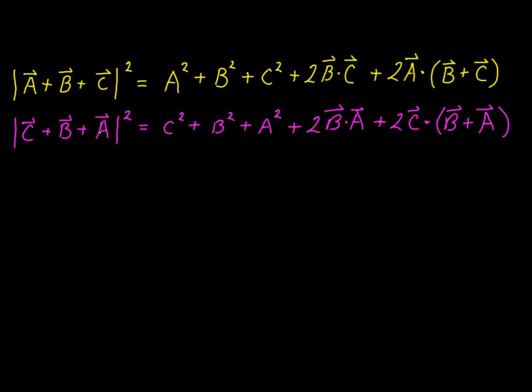I could go through all that algebra again, but I don't need to because I've already got the relationship as it relates to any three vectors. So here I'm simply going to replace a with c and c with a all across the board. And you can see as I replace one with the other, the expression in purple mirrors the expression in yellow. It's just done for vectors in this order instead of the vectors in the prior order.